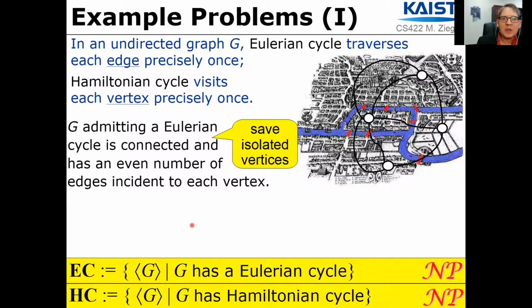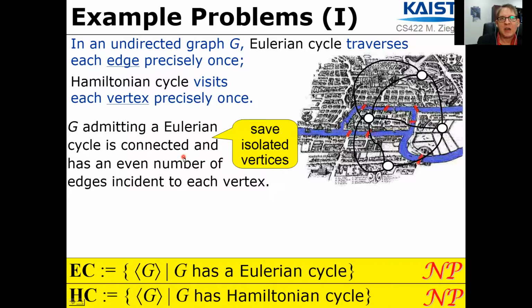Because if the graph does admit the Eulerian cycle and the Eulerian cycle enters a vertex through some edge, then it must also leave the vertex again, right? Through a different edge. And maybe during the Eulerian cycle, that same vertex gets visited again, but if it does so, then it does through a different edge, because no edge can be visited twice, and it must also leave again a second time, again through a different edge.